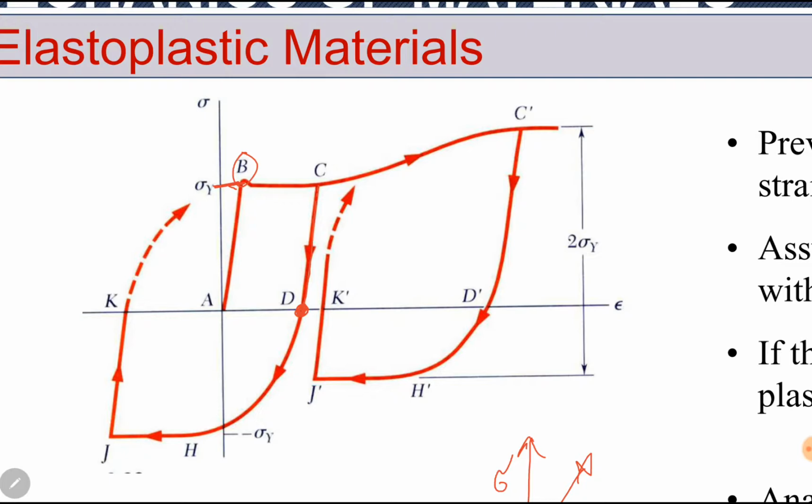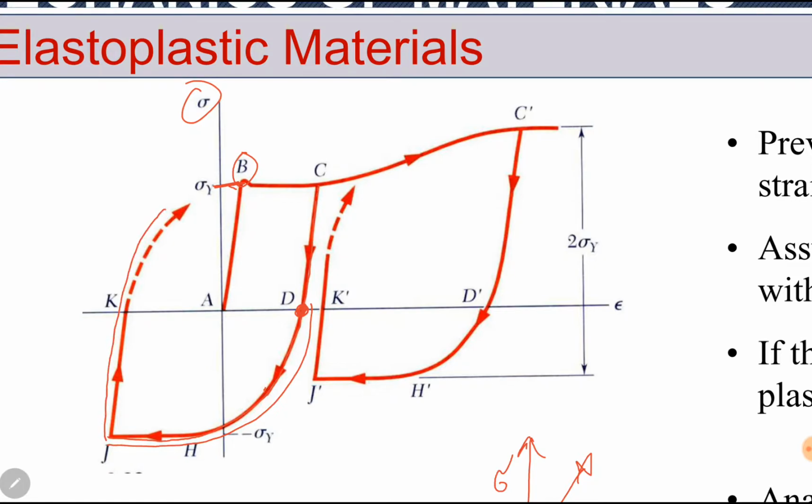There is some strain inside the material, even though the load is zero, stress is zero. If we further unload or if we apply a compressive force, it will deform in the negative direction. You can see this curve. After a certain value of compressive strain, if we further apply a tensile load on it, it will again start elongating.